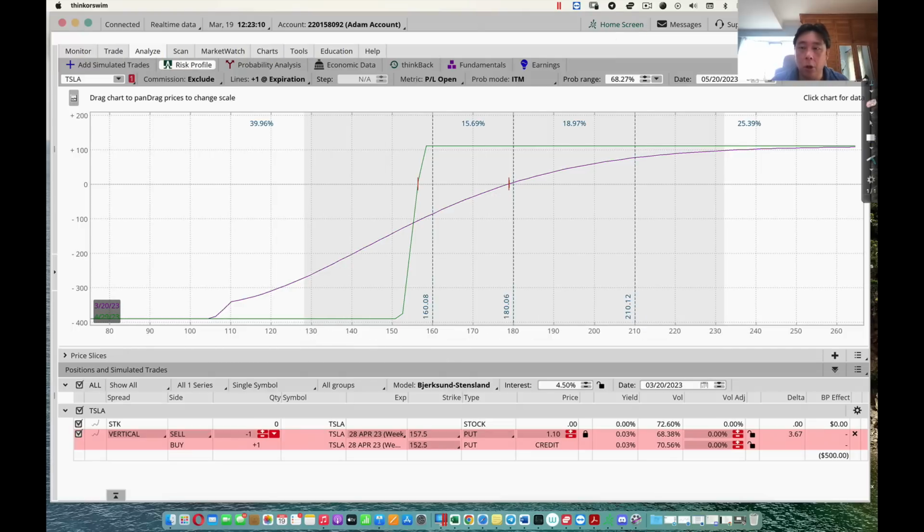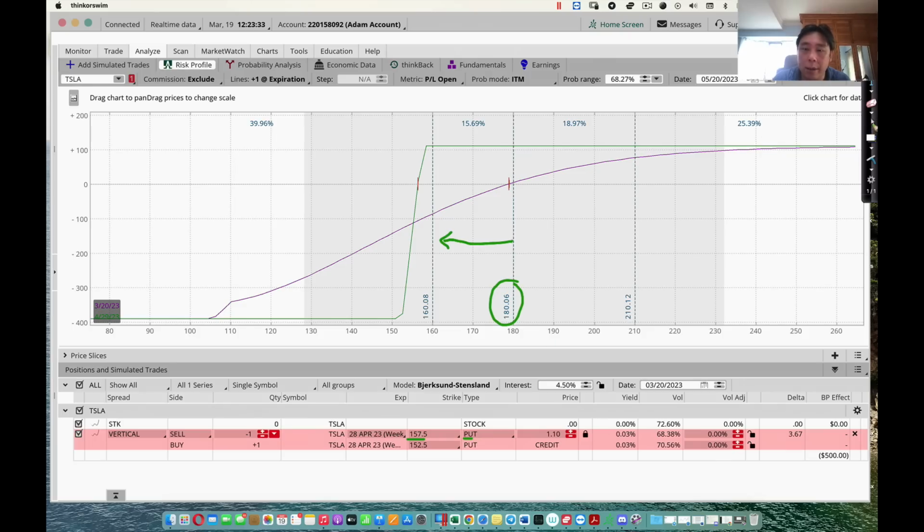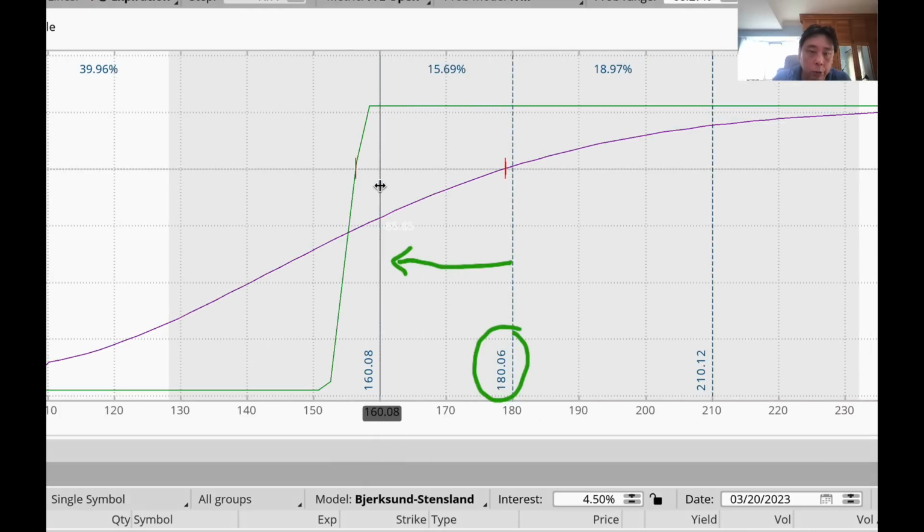Now again, let me orientate you. What's the current price of Tesla right now? Current price is there, 180, right? And at what price must we cut loss? We must cut loss if Tesla falls to 157.5, which is the strike price of the put that we sold, right? So where's our cut loss? Our cut loss will be this line.